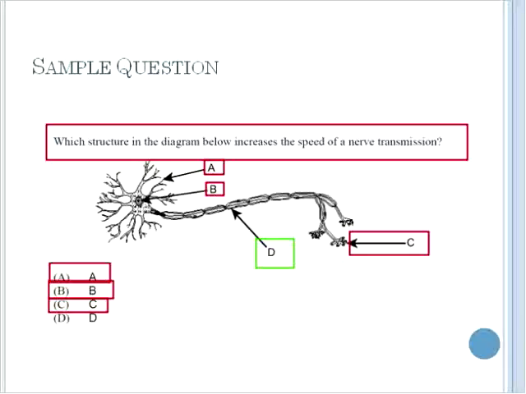Your teacher may have used various terms for this. It contains neurotransmitters which allow for transmission between neurons. The correct choice in this case is D, the Schwann cell. The Schwann cell provides an insulating sheath, a myelin sheath to be exact, which allows for a faster rate of transmission. So the correct answer is indeed D.